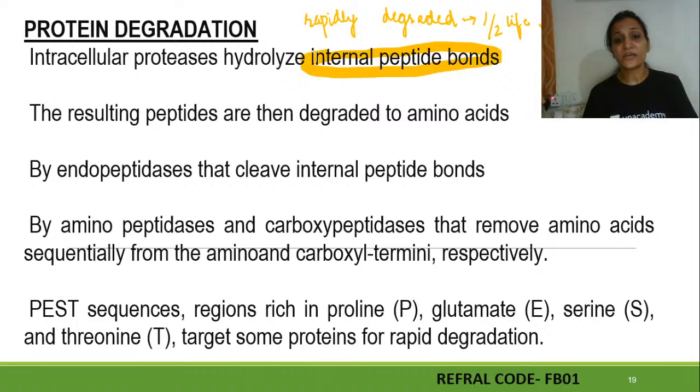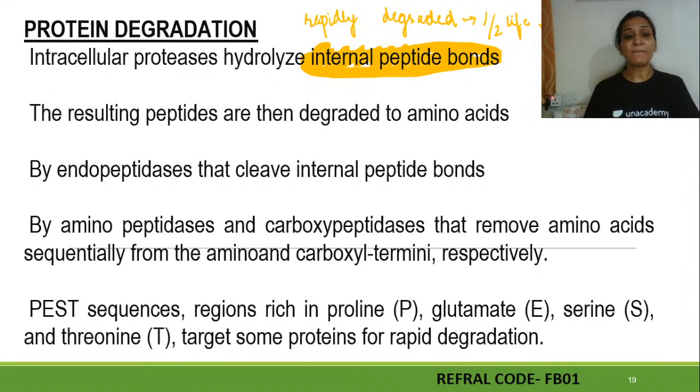It won't start cleaving the outside peptide bonds, but it will start cleaving the internal peptide bonds, because if internal peptide bonds are cleaved, it means it will be rapidly degraded. That's why internal peptide bonds are specifically highlighted here, because they will lead to a non-functional protein very fast, right?